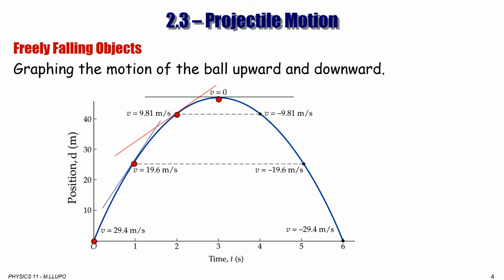And if you continue on the other side of that graph, when the ball falls down, it's going to be 9.8 meters per second downward, so minus 9.8 meters per second. And how do you know it? By drawing a tangent at that point, and you're going to see that it's steeper.